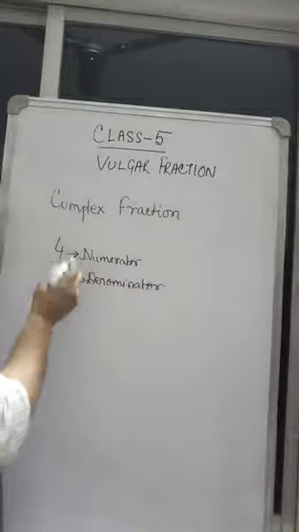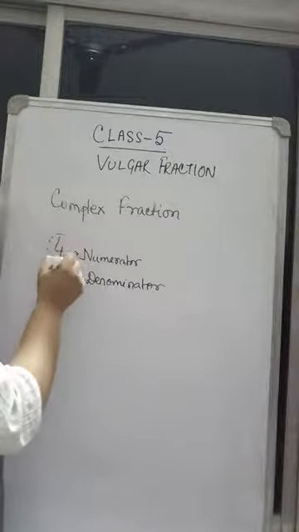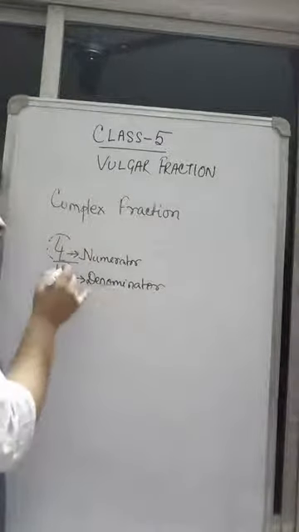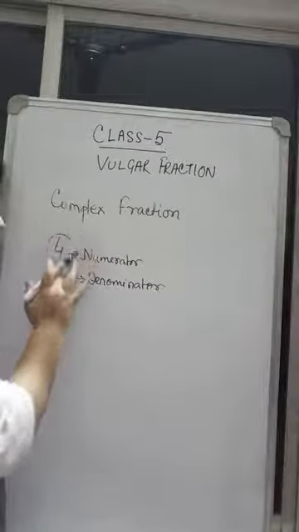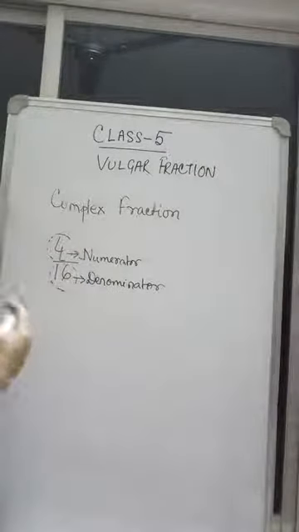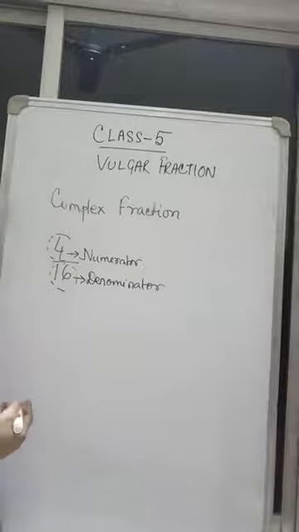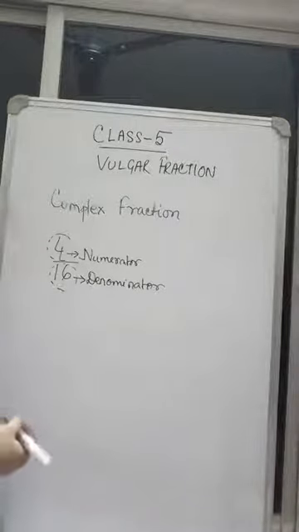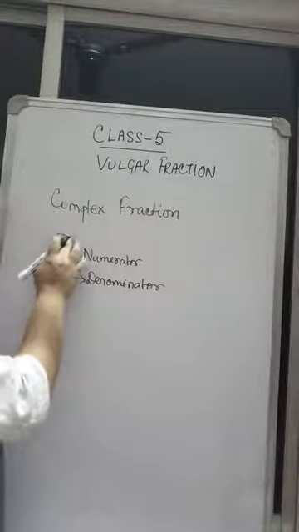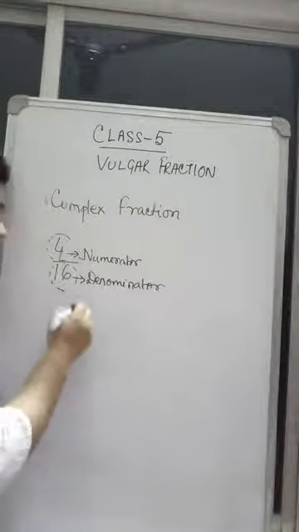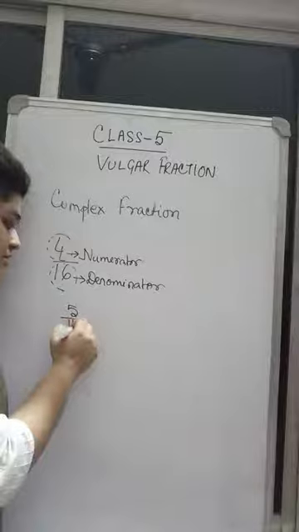So your numerator consists of one whole number and your denominator also has another whole number. So if you write 4 by 16, you are writing it as a fraction. But complex fraction means in the numerator, instead of a whole number, you have a fractional number. Suppose 5 by 11.